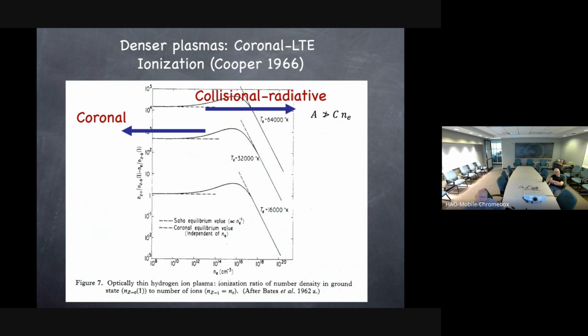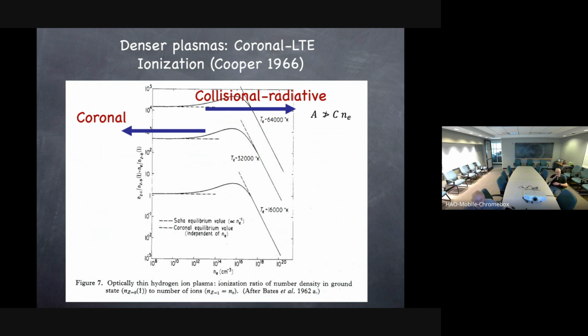Basically the idea is that you relax the assumption that the atom decays very quickly. So you say that the levels within each ion are getting closer and closer to being in LTE, because you've got a balance between collisions up and collisions down.